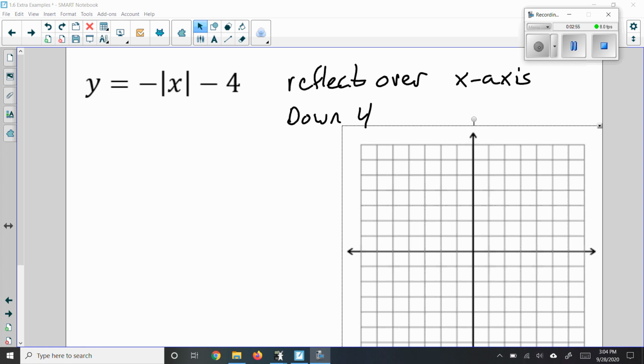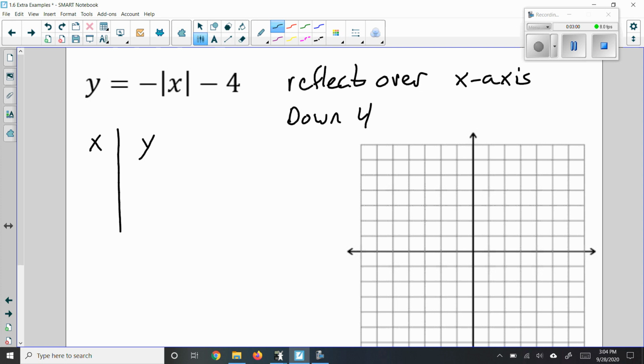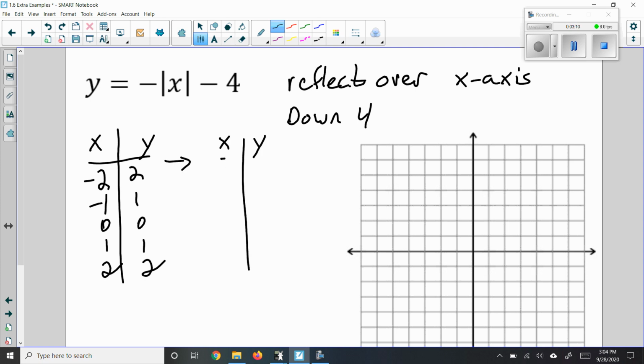Okay, so the parent table again for the absolute value is -2, -1, 0, 1, 2, and 2, 1, 0, 1, 2. And we're going to transform it. This reflection over the x-axis, that means we are going to multiply the y values by -1.